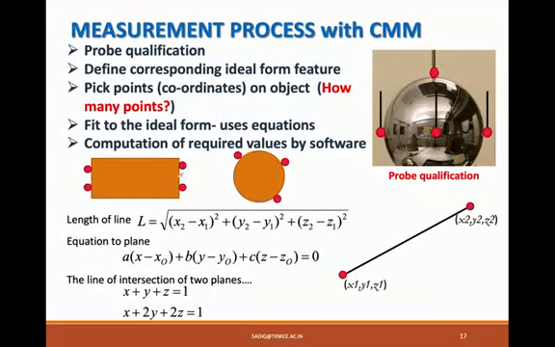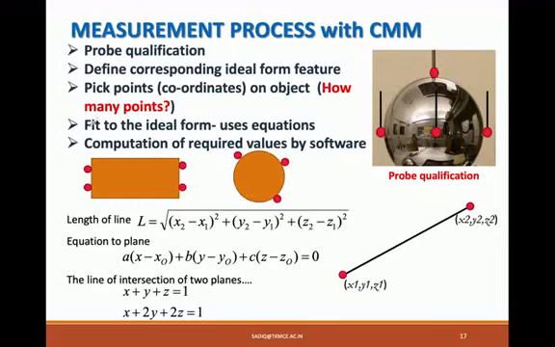I'll explain once again. If you know two points in three-dimensional space, say x1, y1, z1 and x2, y2, z2, we have an equation like this to compute the length between the points. Similar equations are used in CMM to compute distances, to compute radius, to compute any other parameter.